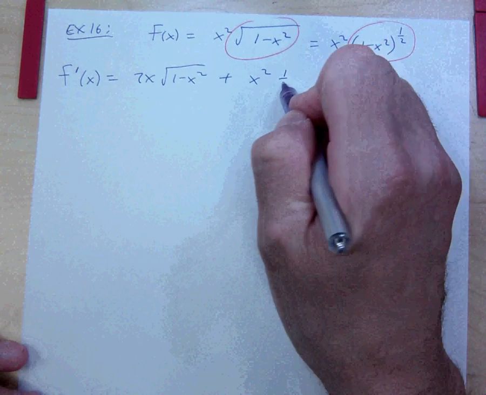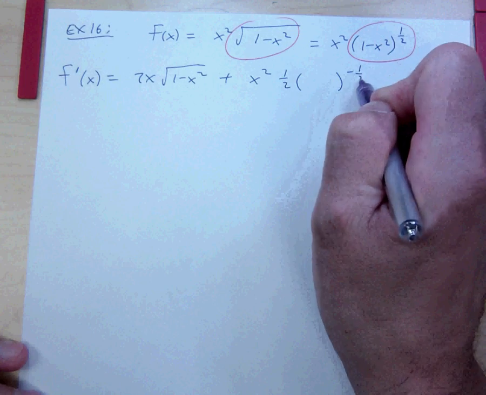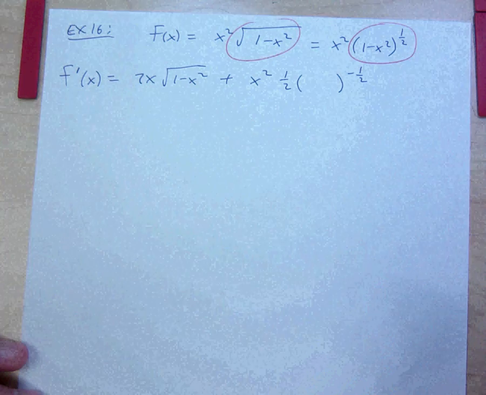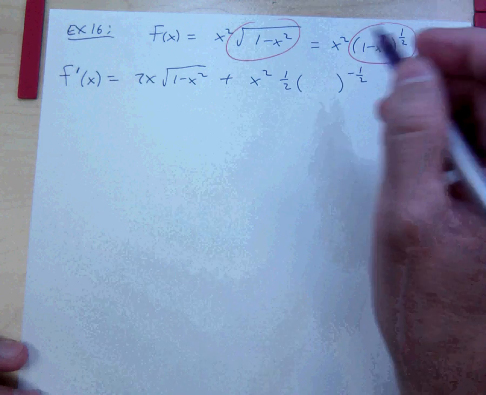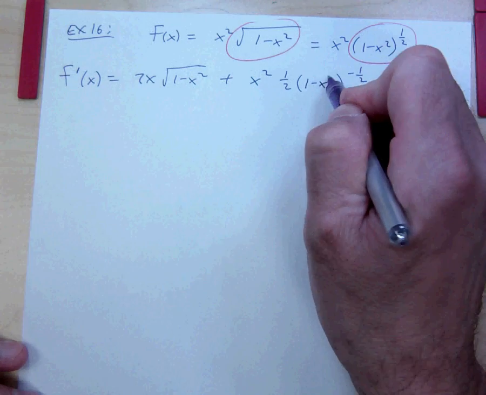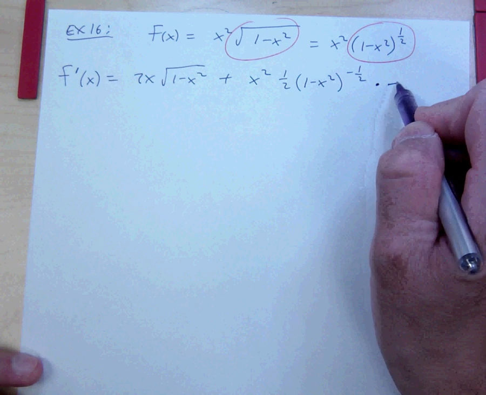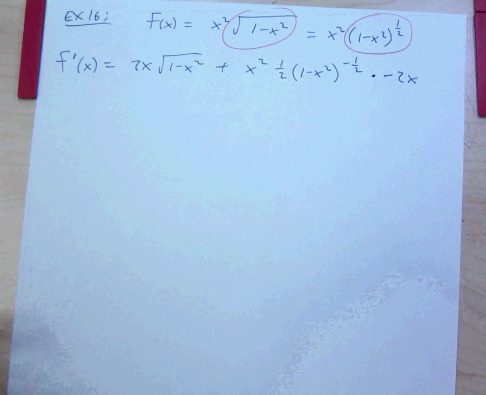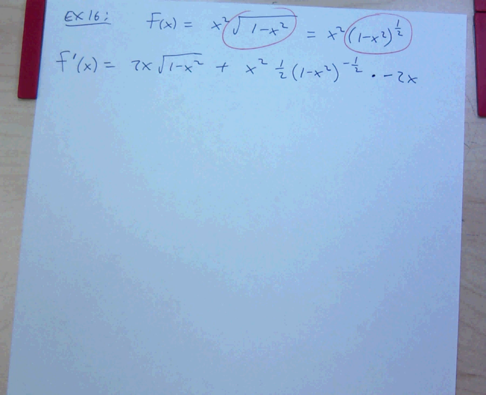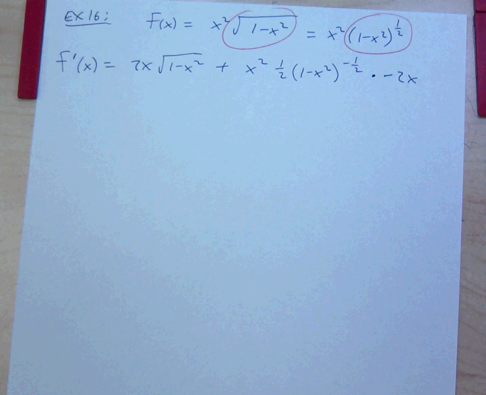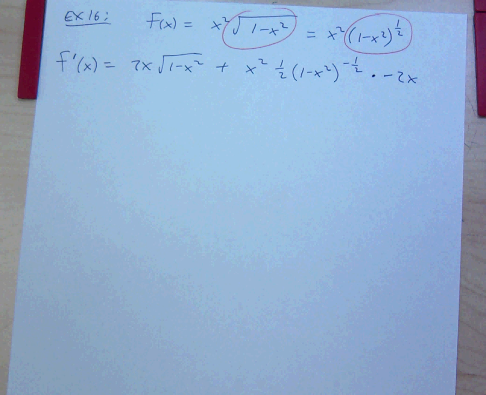By taking the derivative of the outside, which is that, right? Bring down the exponent, multiply it out front, and subtract 1 from the exponent. Put the inside back in exactly the way it was, and then don't forget to finish the chain rule by multiplying by the derivative of the inside, which is negative 2x. So again, the calculus is done. The rest of it is all going to be algebra, right?